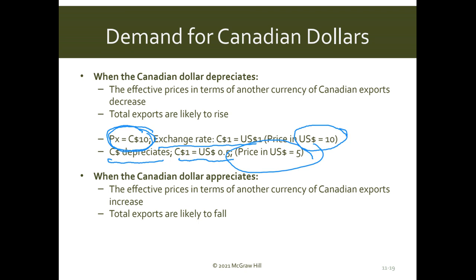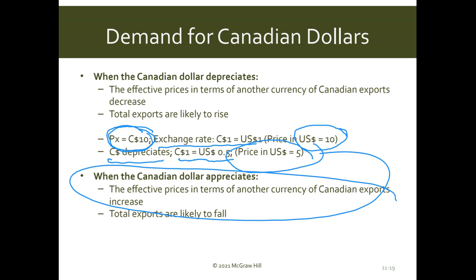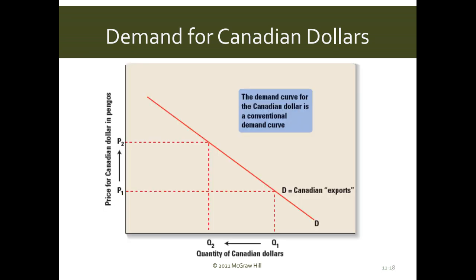Same opposite case for the appreciation. Let me go back to this diagram and see what is happening. When currency depreciates, the price of your product in foreign currency will decrease actually, and therefore you export more. That is, the demand for Canadian dollar will increase.